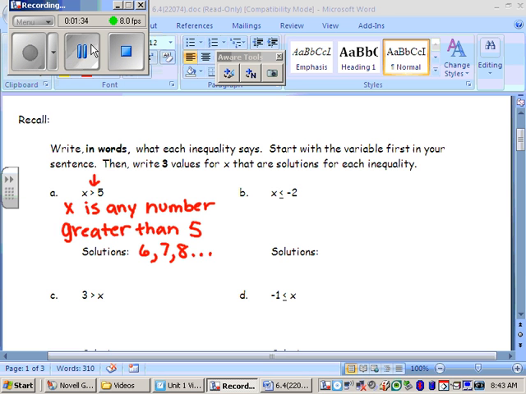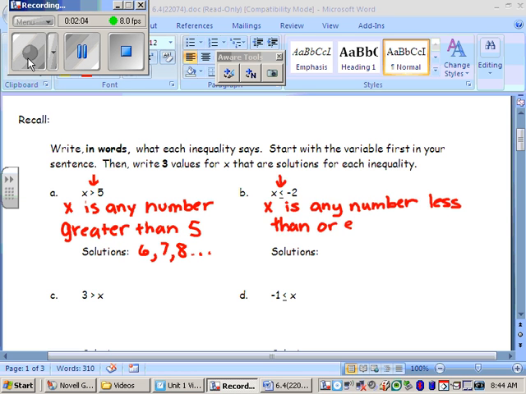Now let's take a look at example B. Notice the inequality symbol points to the left. When it points to the left, it's called a less than sign. So we read this as x is less than or equal to -2. So we want to write that x is any number less than or equal to -2.